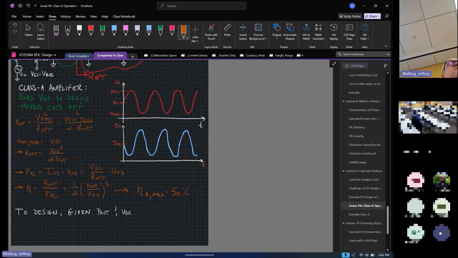We just choose the optimum termination resistance, and we size the transistor so that it can deliver the current that it needs to be able to deliver. And then we're going to set VGS so that we get that maximum voltage swing.